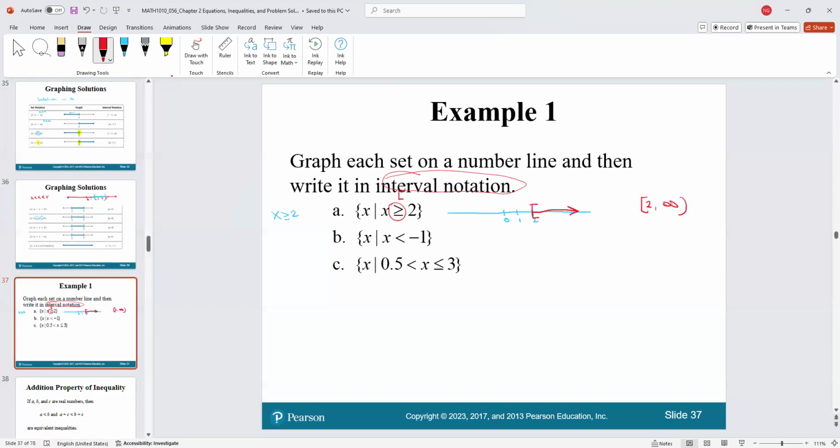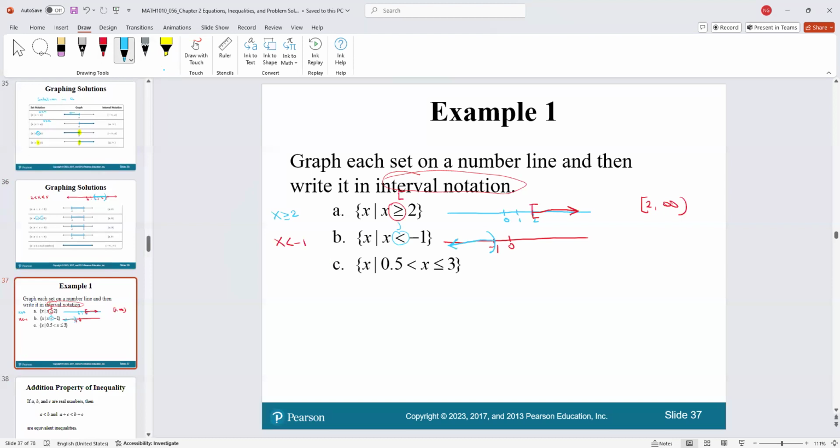The second one, remember, x is less than -1. On the number line, first identify your 0, and you go to -1 on the line. But they said less than -1. Because we have only strictly less than, we're going to use a parenthesis open to the left, because we're going to go to negative infinity.